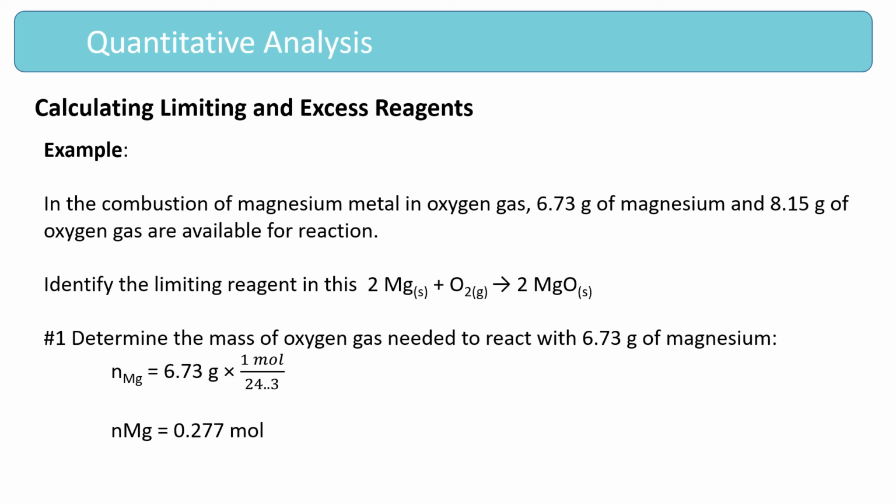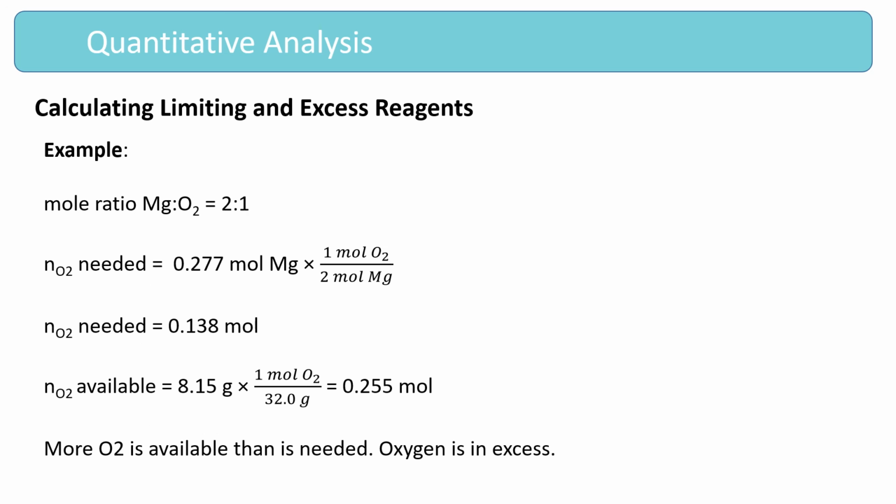So we find the number of moles of magnesium: 6.73 grams times 1 mole divided by 24.3 grams, and we get 0.277 mole. So our mole ratio then is 2 to 1. So n of O2 is 0.277 mole of Mg times 1 mole O2 divided by 2 mole of Mg.